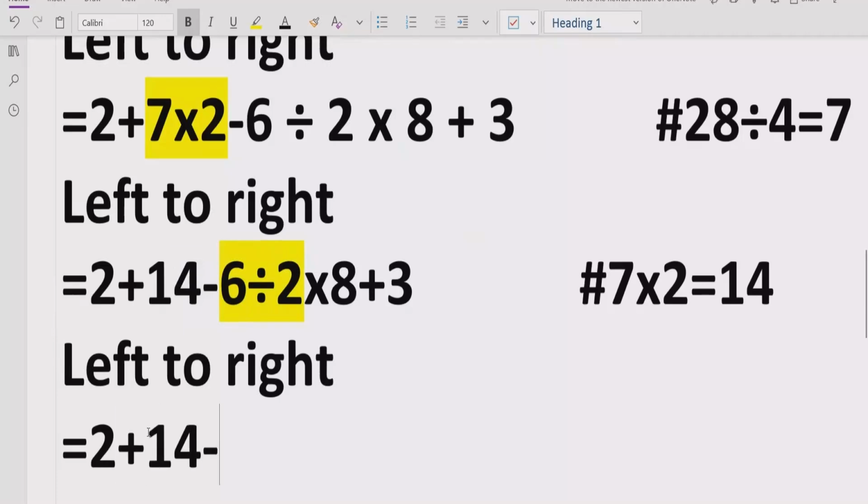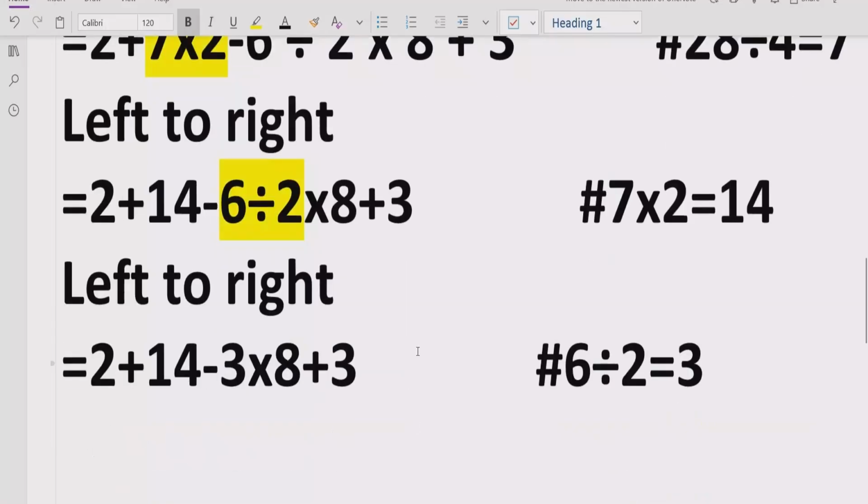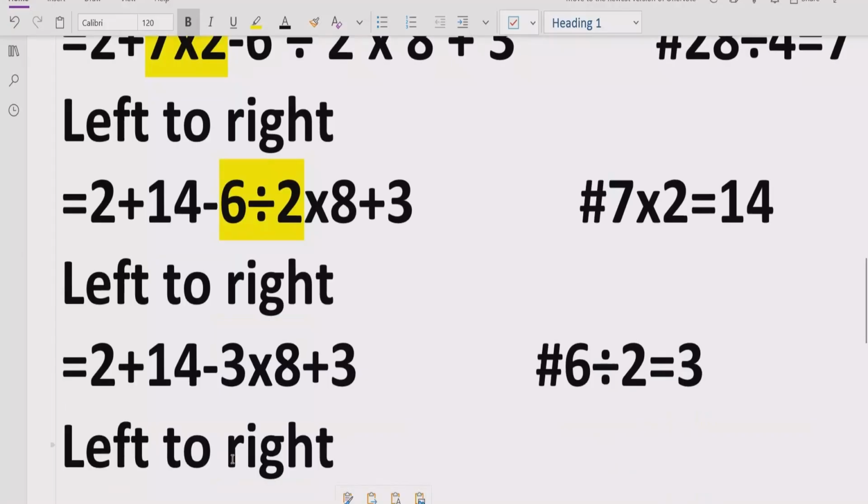14 minus 6 divided by 2, which is equal to 3 multiplied by 8 plus 3. And here we have to give the reference 6 divided by 2 equals 3. Now move forward again. We have to go left to right and find out which is coming first.